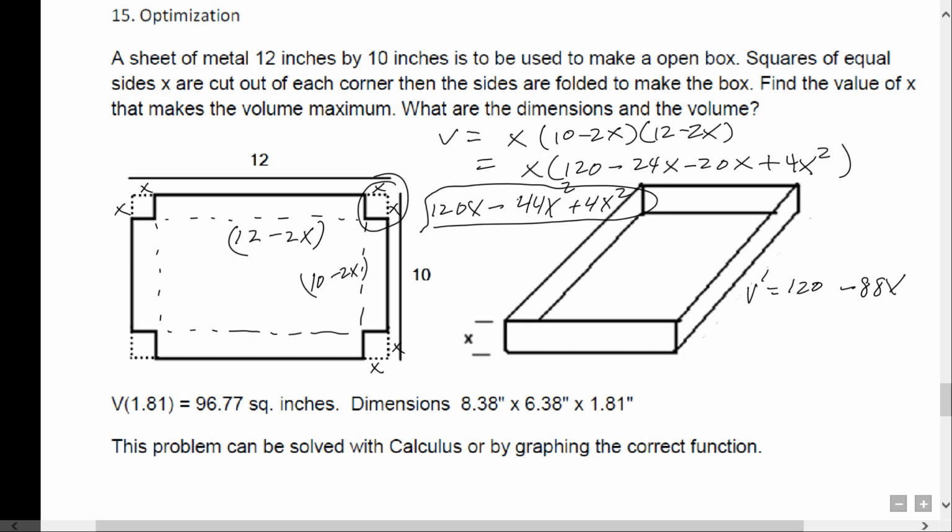By the way, this is 4x cubed, so the derivative of that is 12x squared. And set it equal to 0.